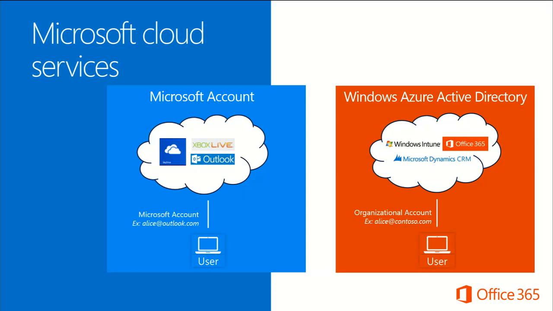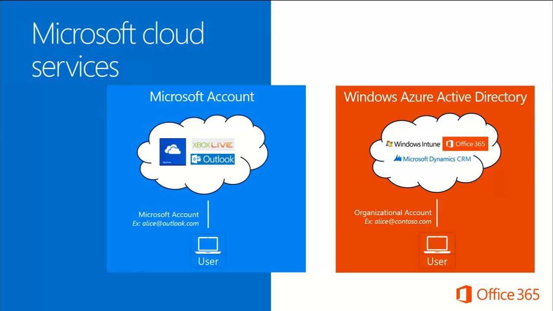So we've had that at Microsoft for a long time, and it is what we use for our consumer services at Microsoft. If you sign on with a Microsoft account, you get access to all sorts of things. You can sign on to your Xbox. You can buy Xbox points and buy games. You can get a free email address. You can get some storage in SkyDrive. All of these kind of great things.